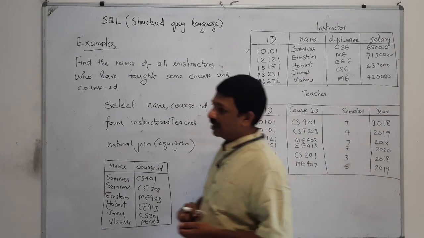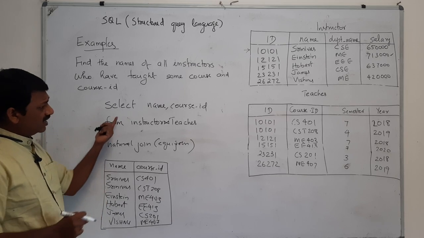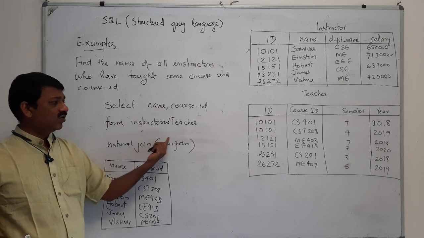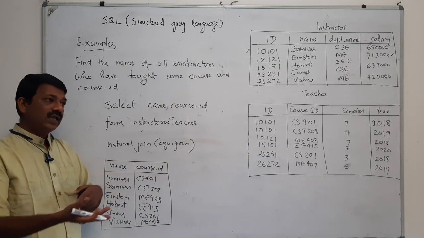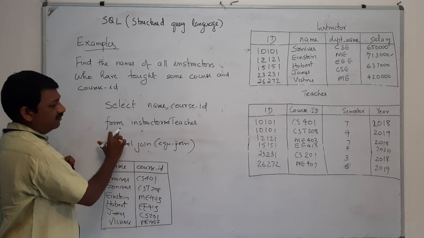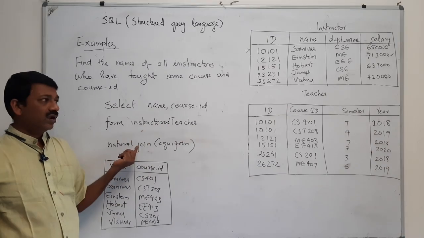So select name, course ID from instructor comma teachers, where instructor.id equal to teachers.id, can be replaced by select name, course ID from instructor equijoin teachers. This is equijoin or natural join.